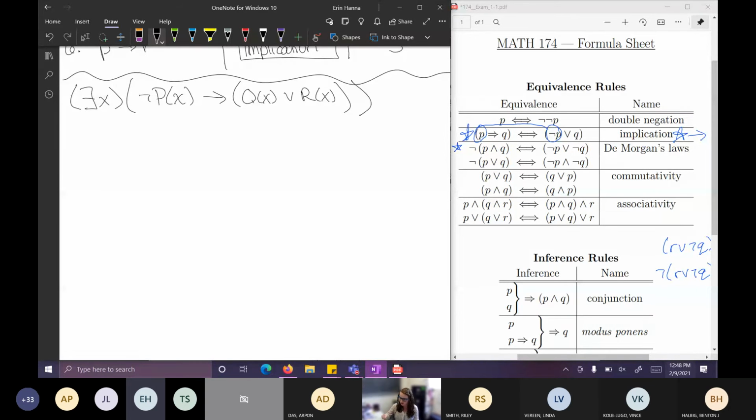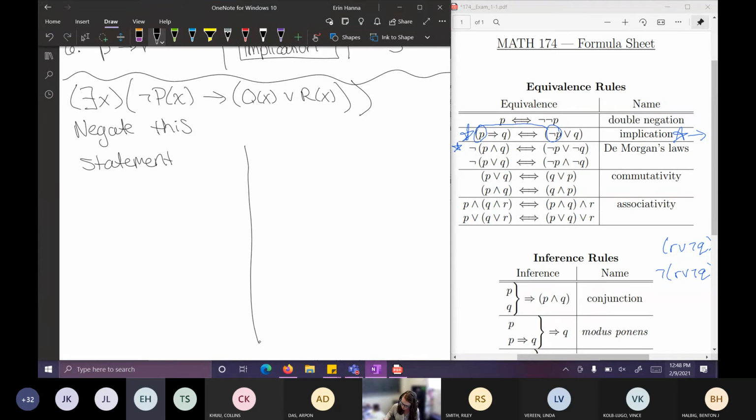Need another parenthesis. And say we want to negate this. This one we'll have to do from scratch. I'm going to add the reasons and steps in the same column in this one. So we always start with our given, and the given is always the negation of the thing you're asked to negate.